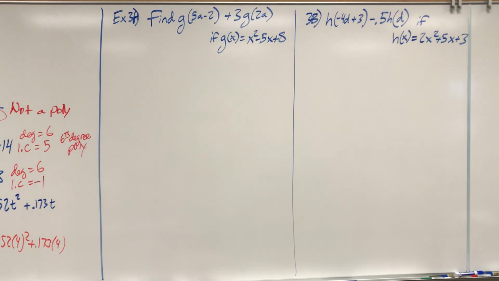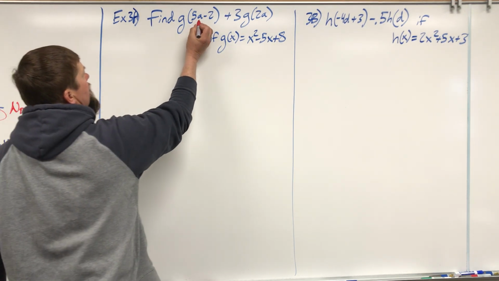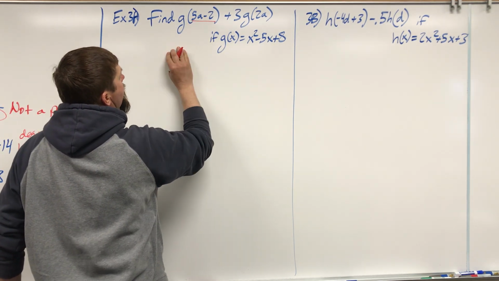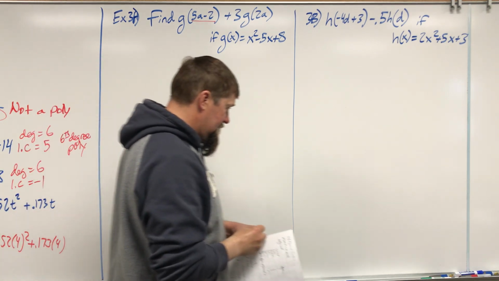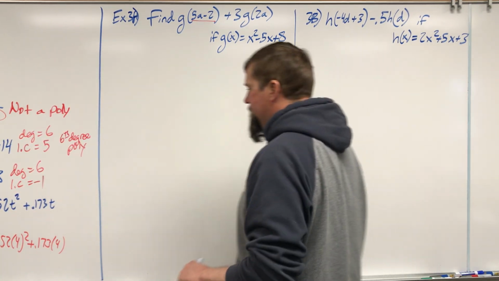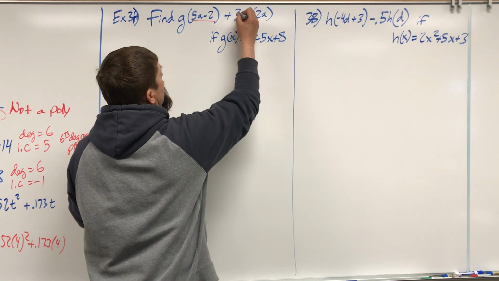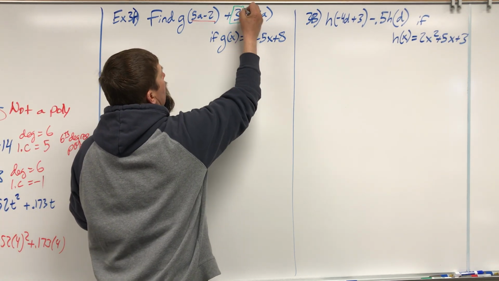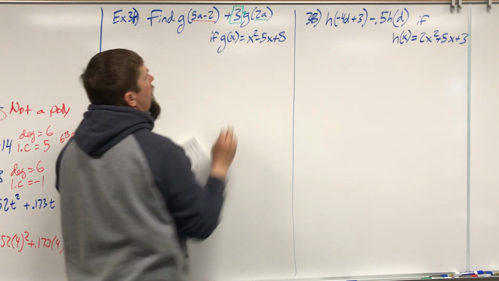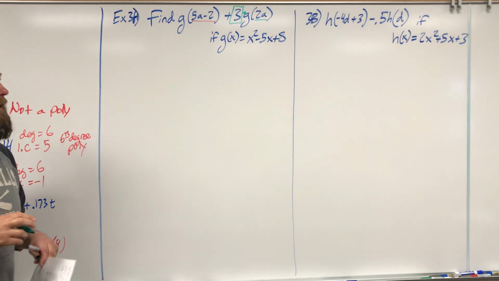Okay, so example 3 here. 3a says to find g of 5a minus 2 plus 3 times g of 2a.